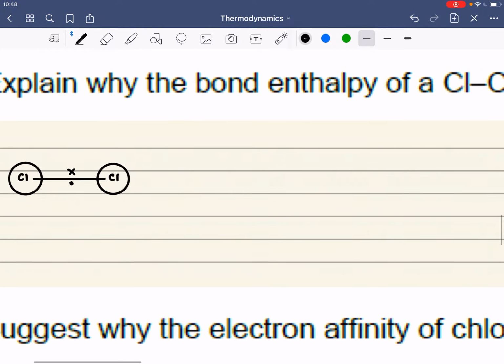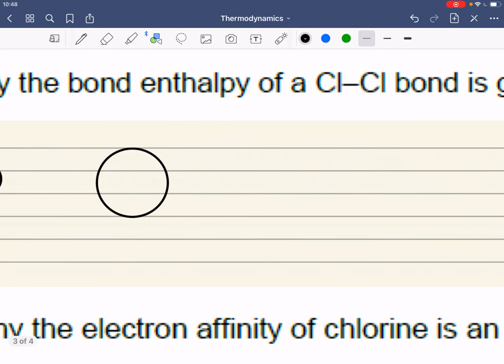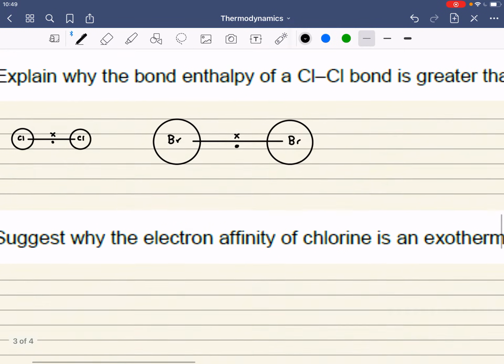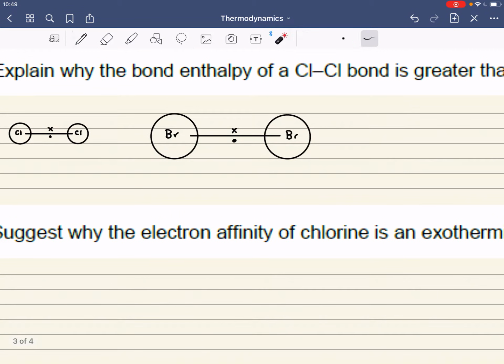And now let's consider a bromine molecule. And we can see that in bromine, the shared pair of electrons are much further away from the nucleus. There's also more shielding, but the key is they're further away from the nucleus.